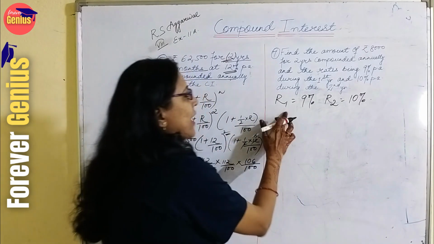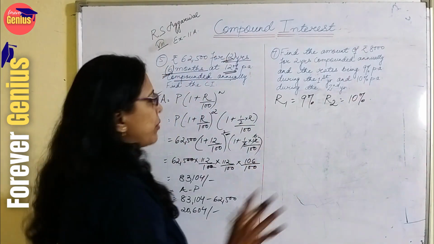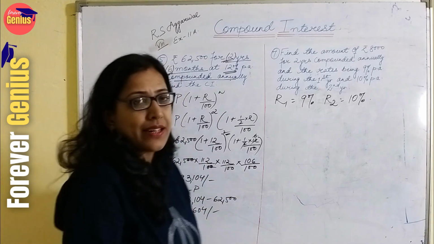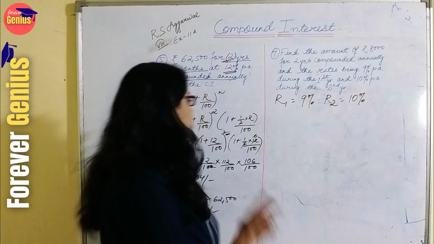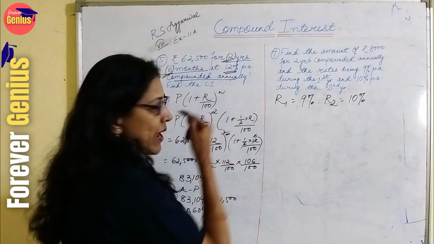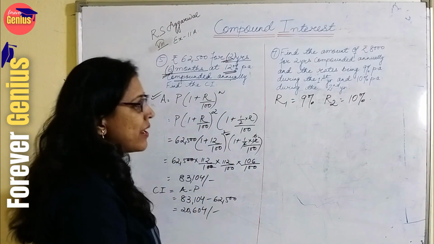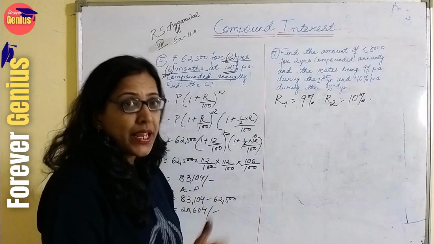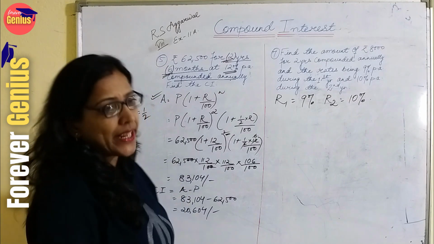We can write it as R1, R2 so that it will be a comfort. So when we have different rates, we have seen that the formula is P into 1 plus R1 by 100, 1 plus R2 by 100. Just we will continue till the number of years or the rate changes we are getting.